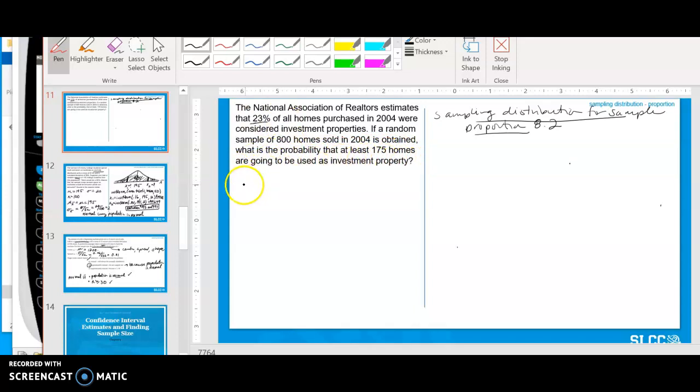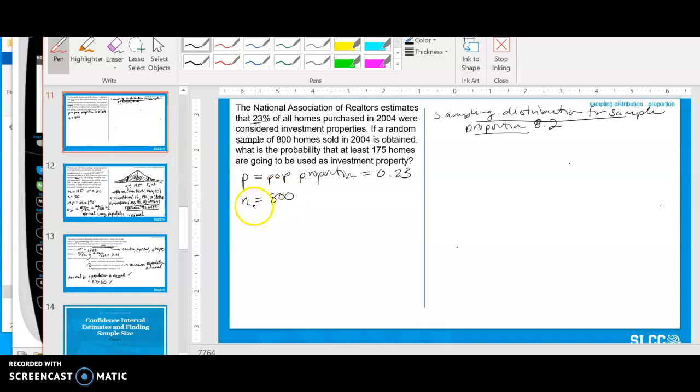Okay, so we have to go through and we have our population proportion, which is 0.23, because out of all the homes, 23% of them were investments. Okay, but then we have a random sample, so my n is 800.